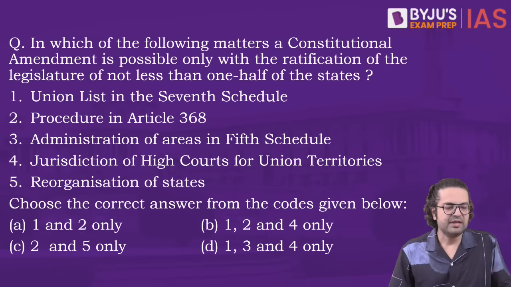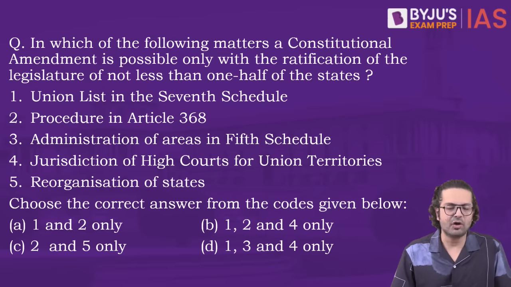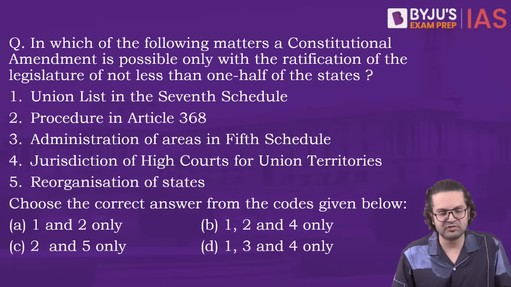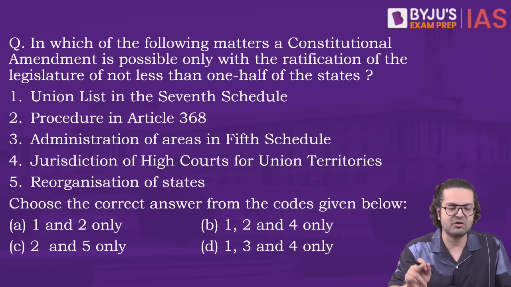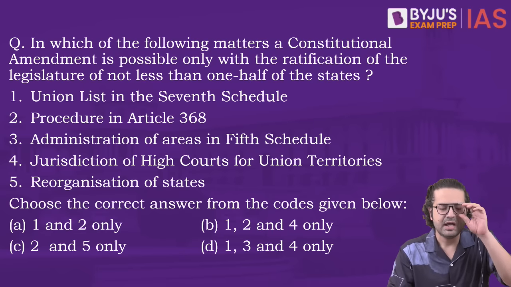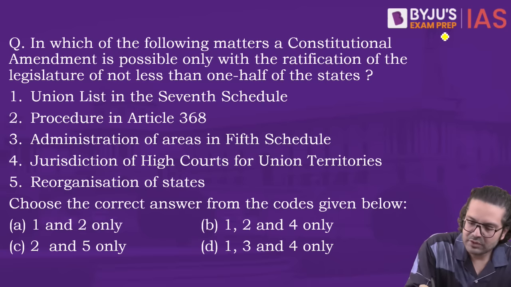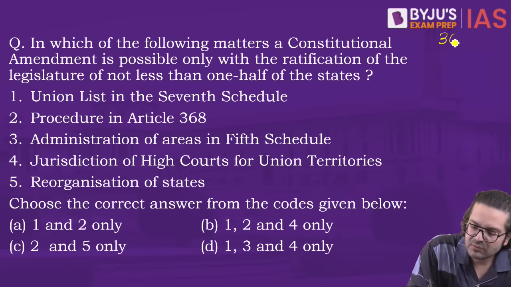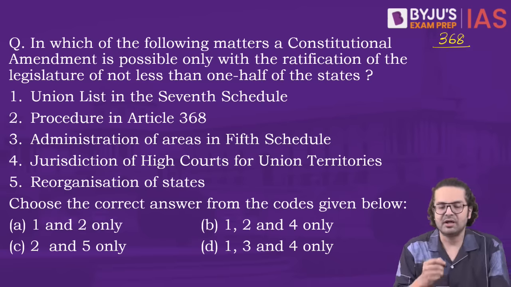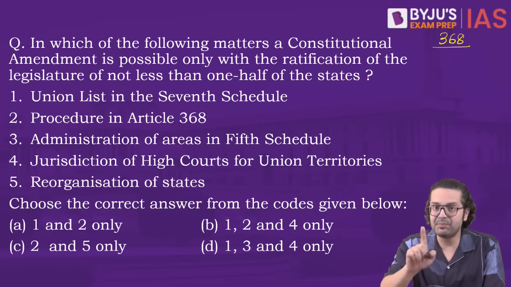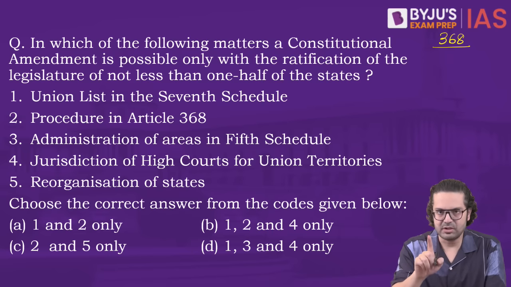Next question. In which of the following matters is a constitutional amendment possible only with the ratification of the legislature of not less than half of the states? Meaning, we are looking into Article 368, but we know very well that Article 368 talks about amending the constitution, any provision of it, with a special majority.